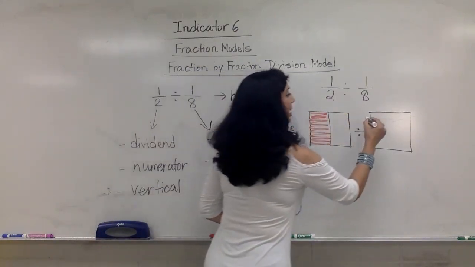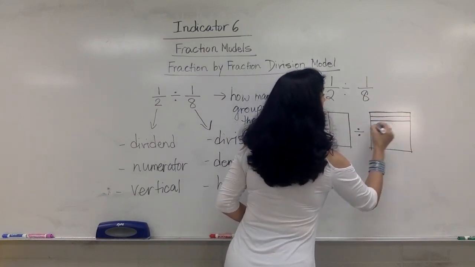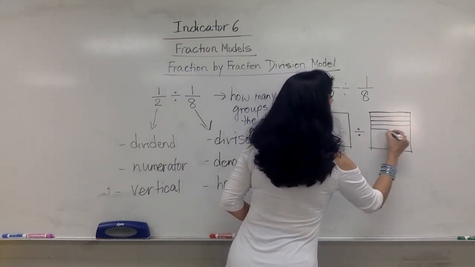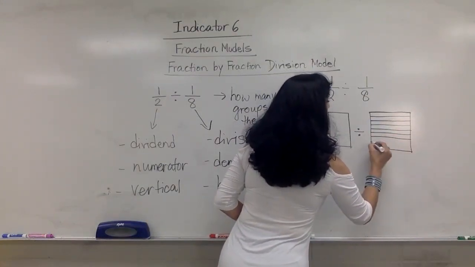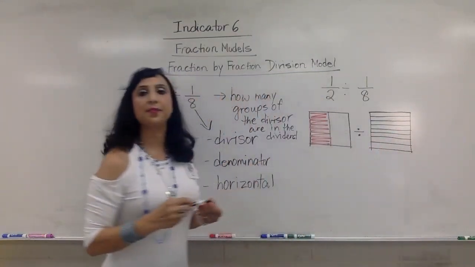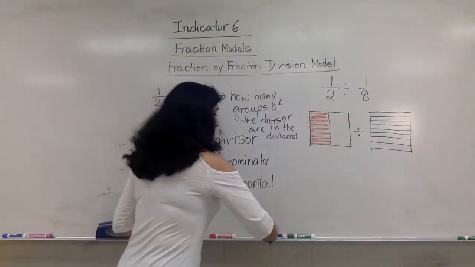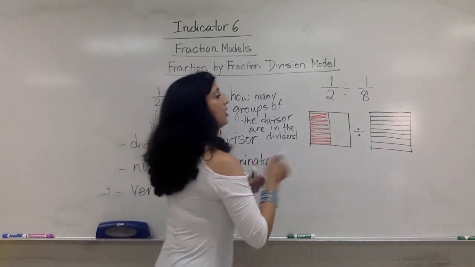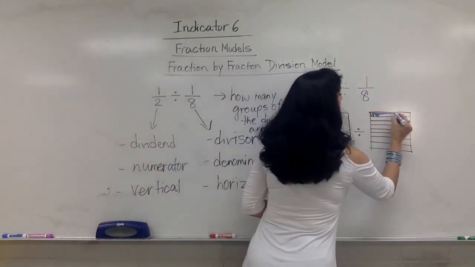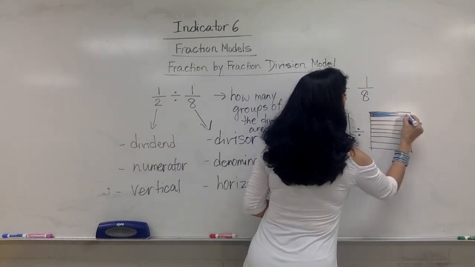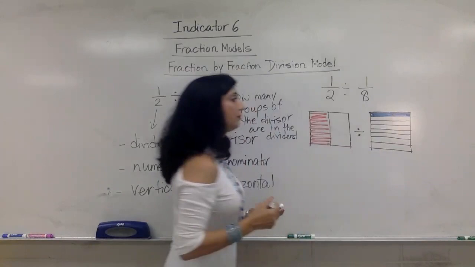So horizontally, I'm going to make 8: 1, 2, 3, 4, 5, 6, 7, and 8. Since it says 1/8, I am going to color in 1 out of the 8. This is 1 out of 8 colored in.